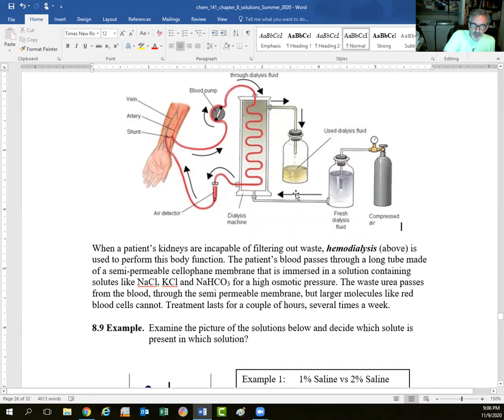That solution can then be collected and discarded, but it prevents large molecules like proteins and red blood cells from being passed out of the body. Usually the solution for hemodialysis is a mixture of sodium chloride, potassium chloride, and sodium hydrogen carbonate.